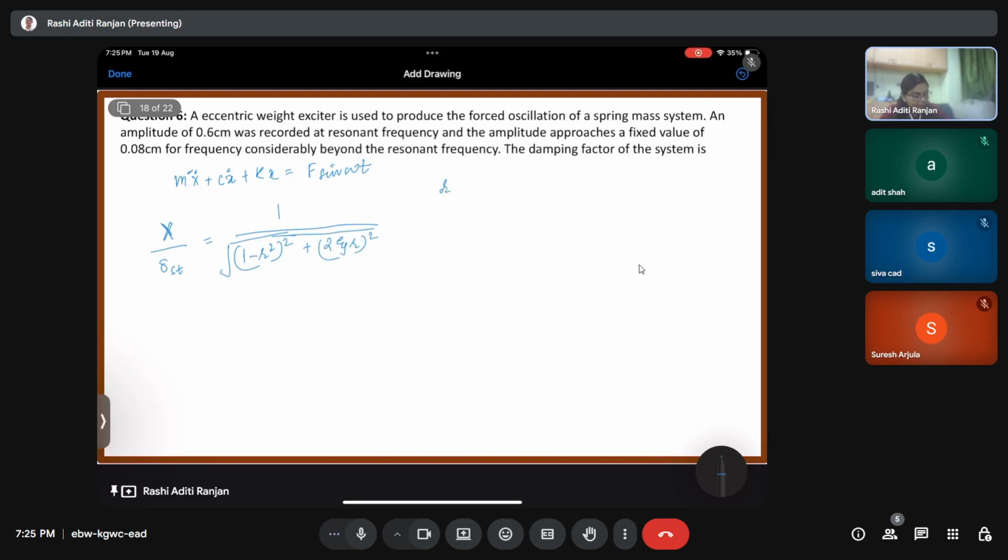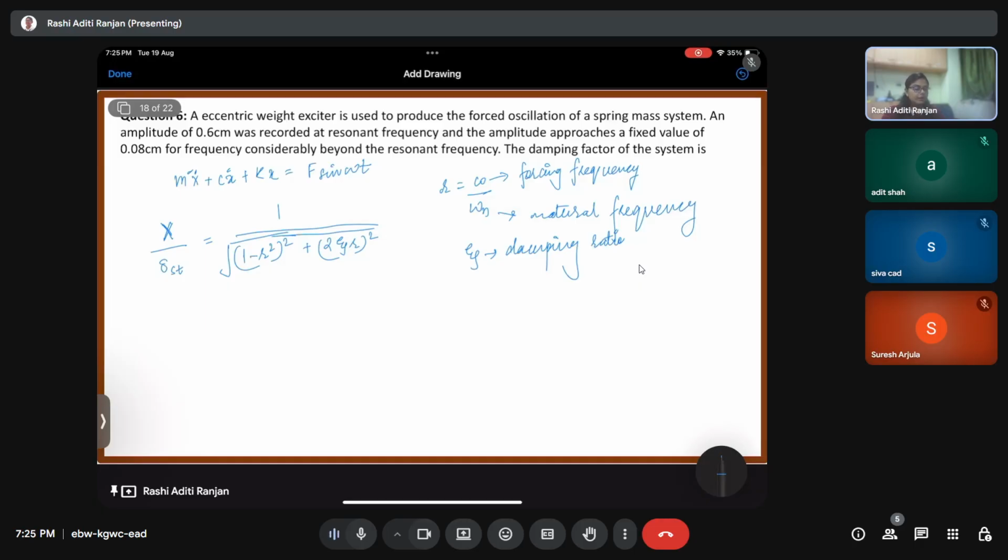R is omega by omega n. Omega n is the natural frequency, and omega is the forcing frequency. Eta is the damping ratio.